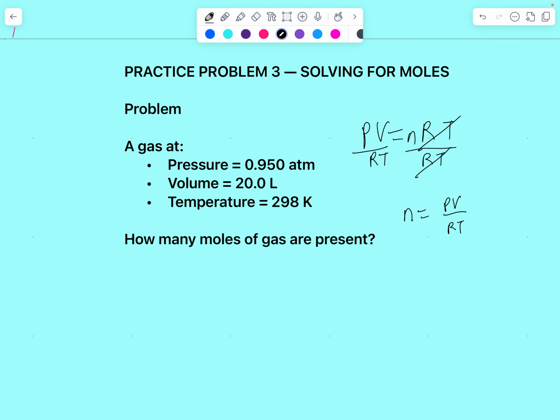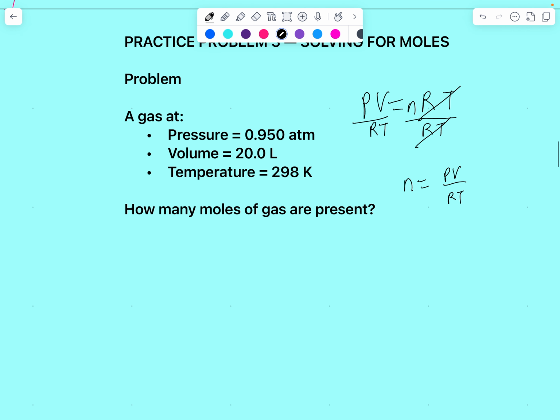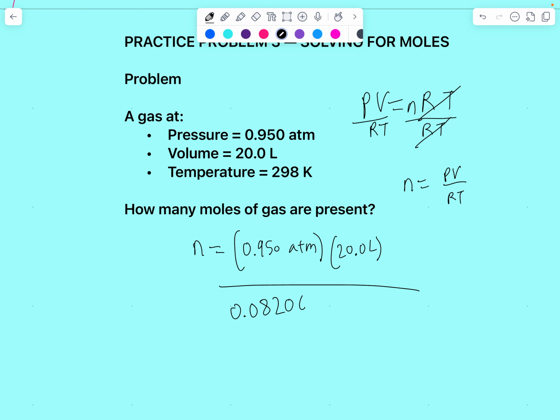Okay, so let's plug it in, right? We got n equals the pressure of 0.950 atm times a volume of 20.0 liters, all over 0.08206 liters times atm, all over mole times K. It's a lot of work you guys do.